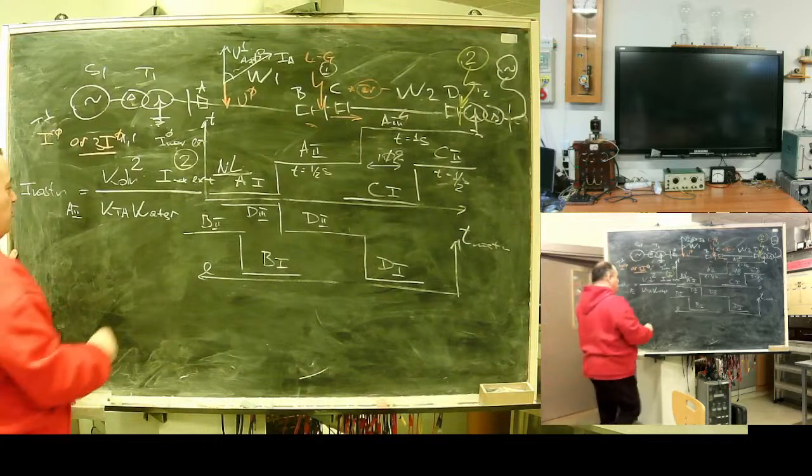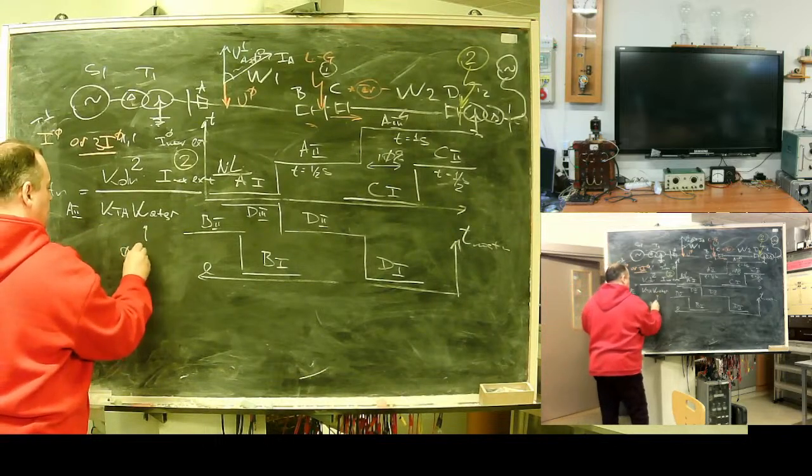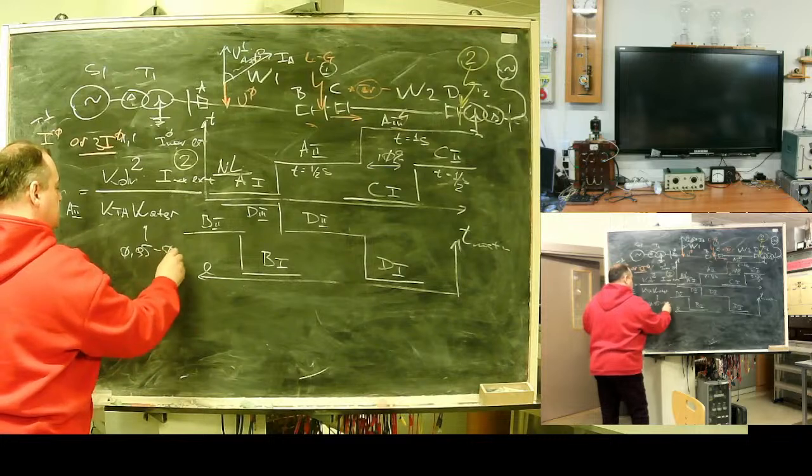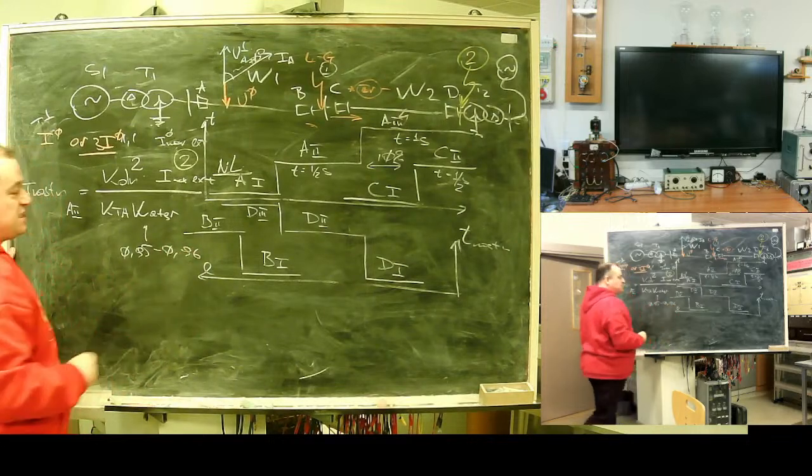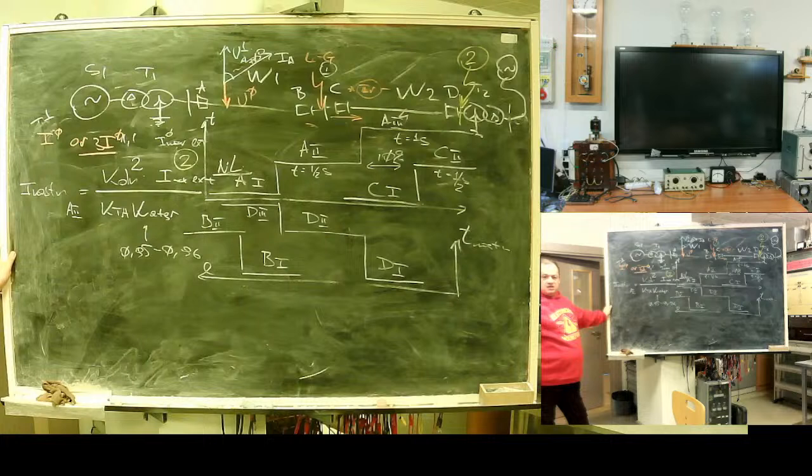For modern relay, it will be 0.95, 0.96, so 5-6% hysteresis. Fine. What with the last zone?